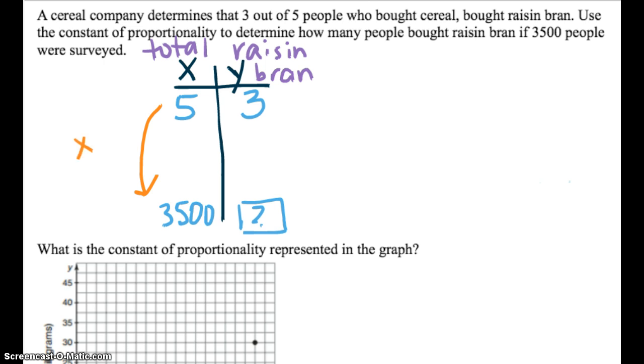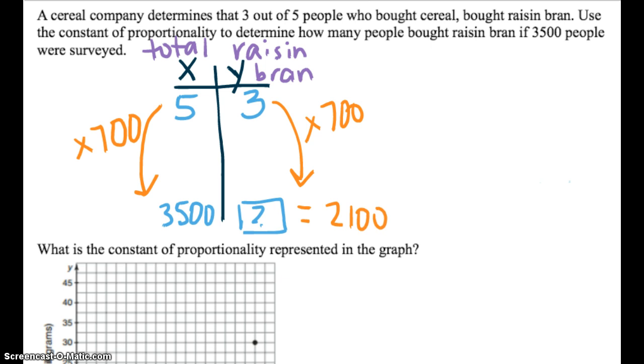Well, I know that 5 times 7 is 35. 5 times 70 would be 350. So 5 times 700 is 3,500. So if I multiply my X's by 700, I can also multiply my Y's by 700 to get 2,100 people.